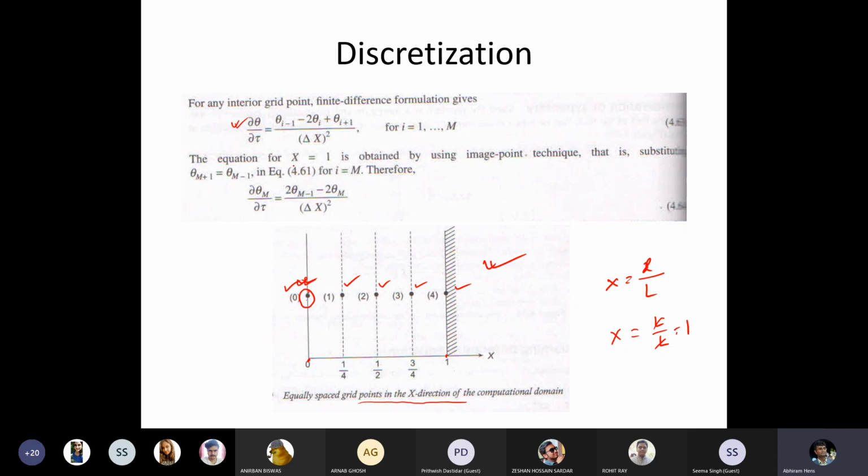Okay, so if you remember, for discretizing a second order derivative using the finite difference method, you can take forward difference, backward difference, or central difference, and central difference gives a certain advantage because it is one order more accurate. So let me write the equation, delta theta by delta tau equals delta 2 theta by delta x square. So this was our governing equation.